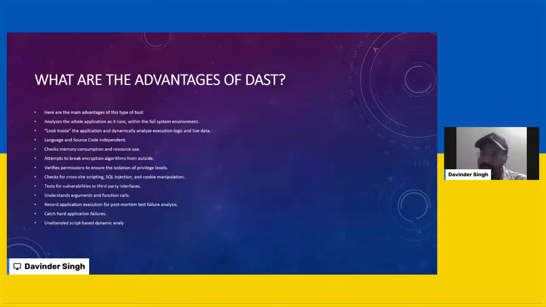Okay. So we look inside the application and dynamically analyze, executing live data. Manipulate the data. Okay, it checks the memory consumption. Basically the memory consumption is very important. At the test level, when you go through thorough testing, you can even get to know how the application is responding when I send n number of requests to the application.